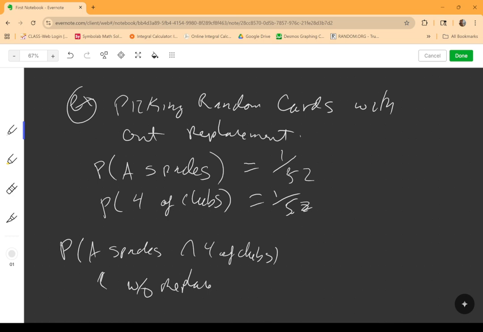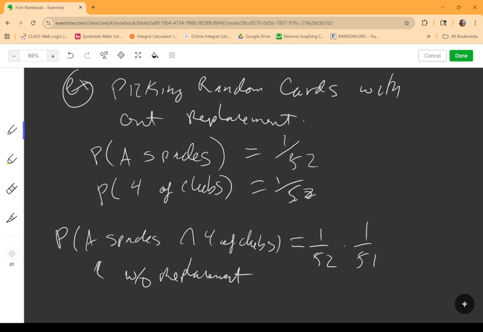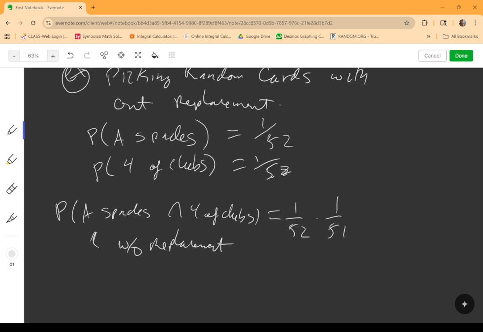So once you pick the first card, you don't replace it back. In that case, the first one is still the same, 1 over 52. But now for the next one, you've slightly increased your odds, because then it's 1 over 51. Still the product principle, but it's not the same because there's one less card in the deck, so we have to adjust our sample space. So just keep that in mind here. It's important how we run the experiment, and that'll give us a clue as to whether it is indeed independent or not.